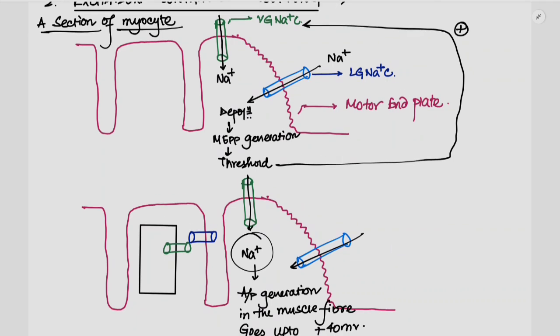So in this myocyte section, there are two types of calcium channels. First one is the dihydropyridine receptor, or DHPR. These are the voltage gated calcium channels. And there is another type of calcium channel, that is the mechanical gated calcium channels, or the ryanodine receptor.